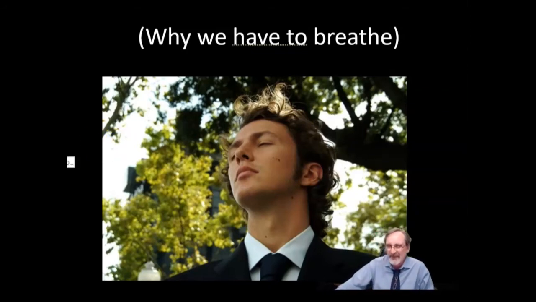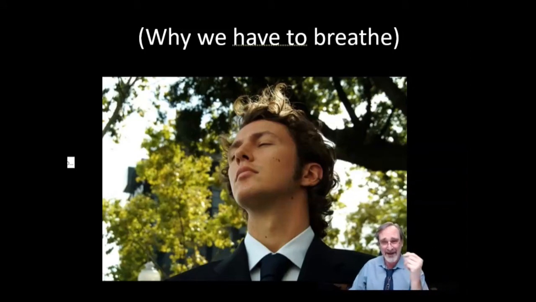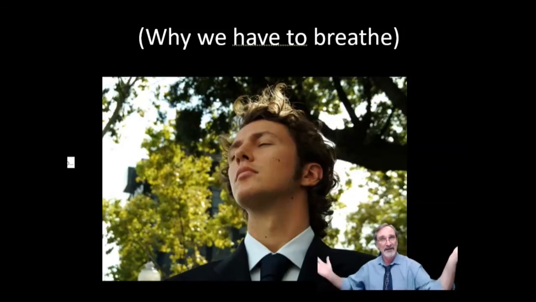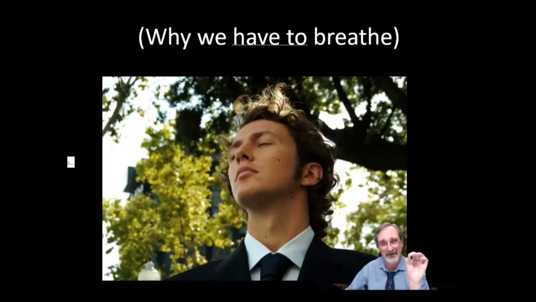Now, in my class last year, if you were in my class, we started out where you had a candle and you put a jar over top of the candle. You remember that? What happened to the candle? Or if you weren't in my class, I think you probably did a lab similar to that too, where you got a candle and put a jar over top. What happened? The candle goes out, right? Because the candle needs oxygen in order to burn.